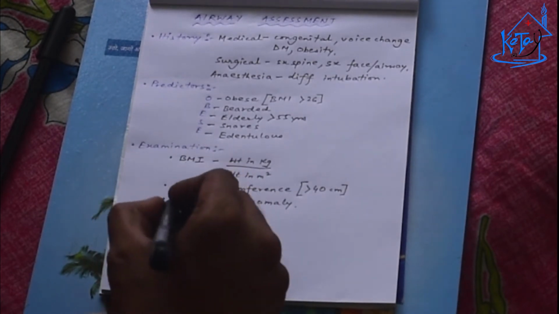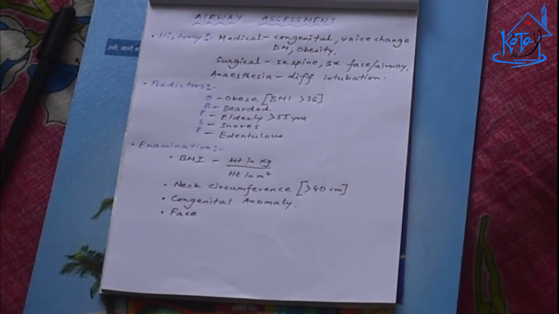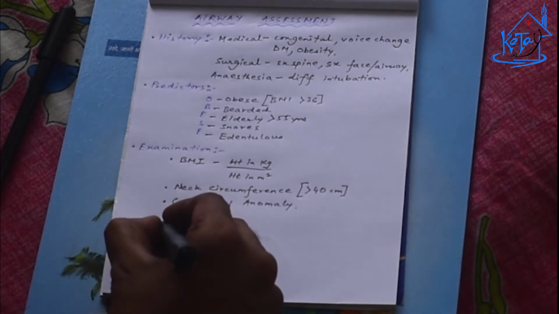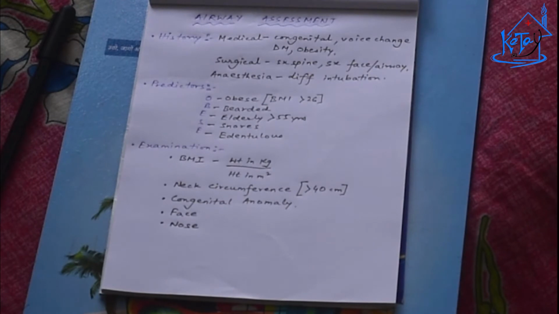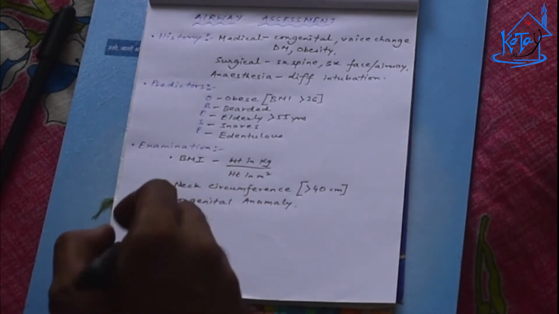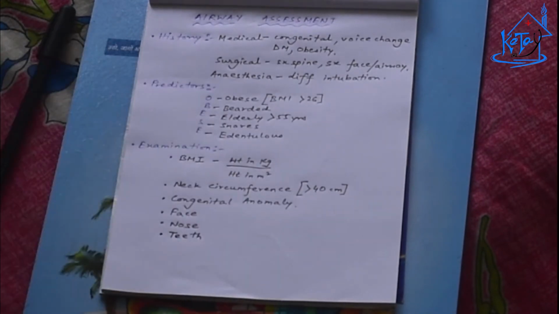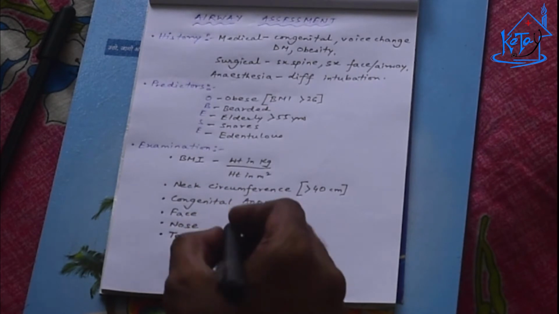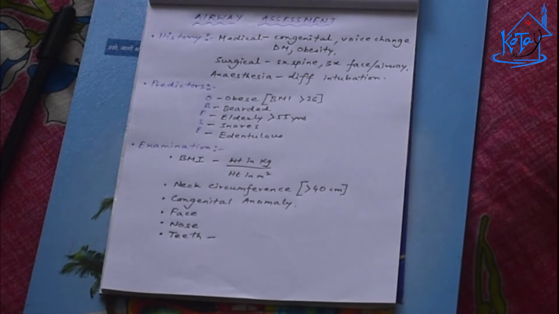Next comes any overall visible facial anomaly. Next comes the nose, any type of problem related to the nose or the lip, palate. Next comes teeth, whether the patient has artificial dentures or whether the patient is edentulous, an elderly person.